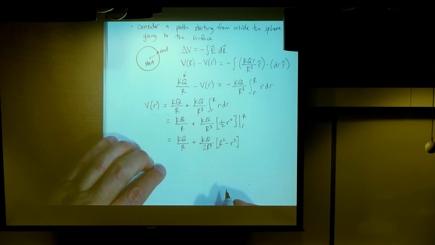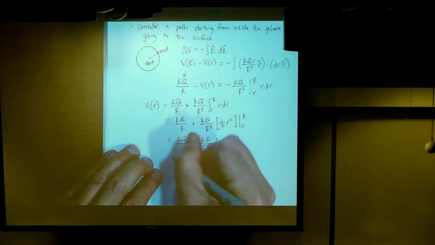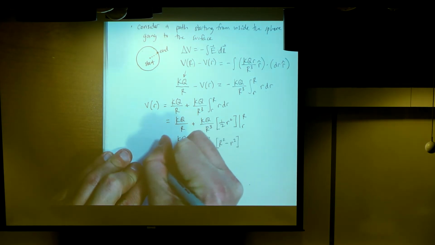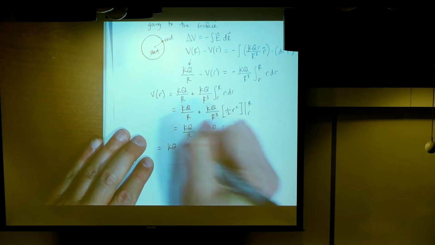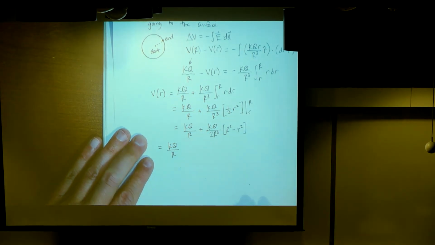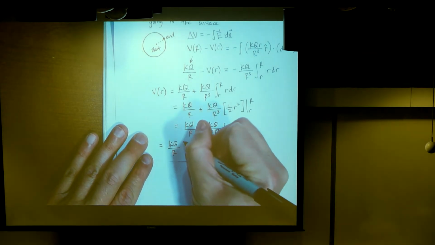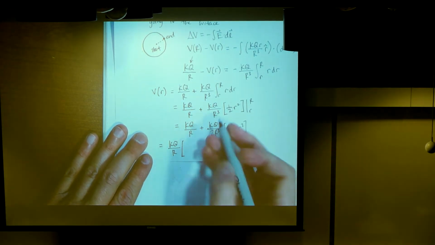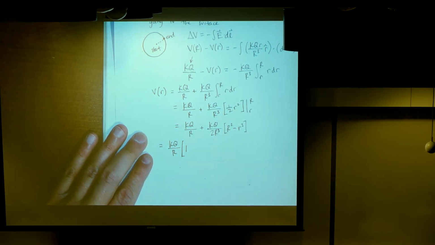Okay, so notice how across the board, really I have kind of a common factor going on here, which is K times Q divided by big R. That appears in every single term. So what I'm going to try to do is just factor that out real quick. So if I factor that out, the first term is just this multiplied by 1, right?